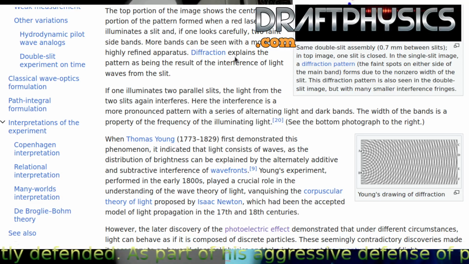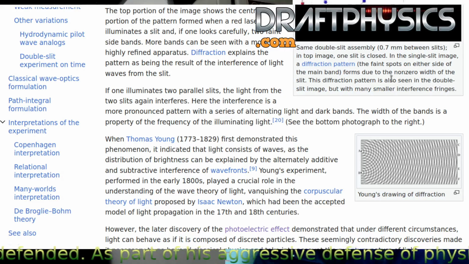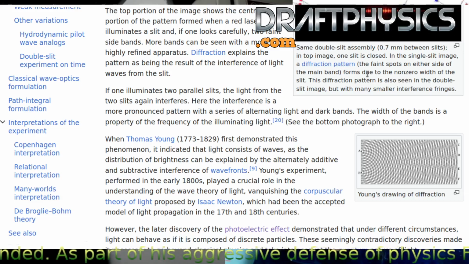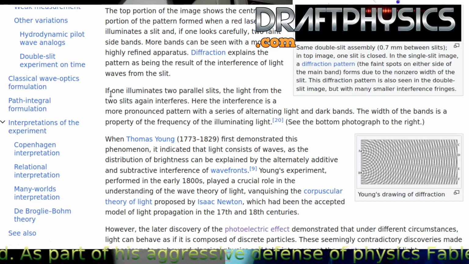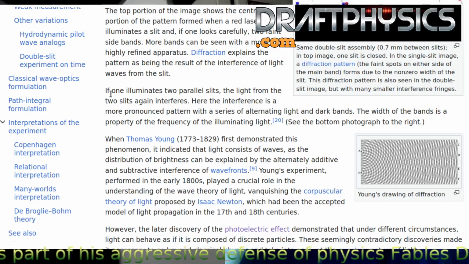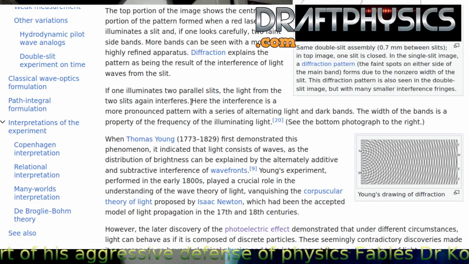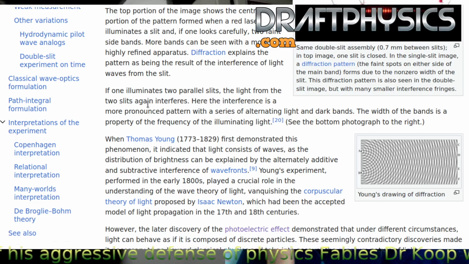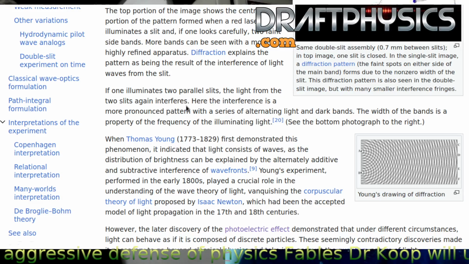All right, so I guess we should read. I think we already did that. So we'll continue where we left off in the previous video. Okay, if one illuminates two parallel slits, the light from the two slits again interferes.